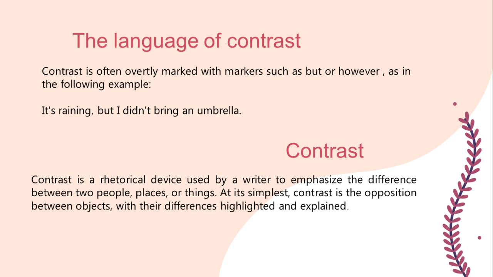Next is the language of contrast. Contrast is often overtly marked with markers such as "but" or "however," as in the following example. It's raining, but I didn't bring an umbrella.